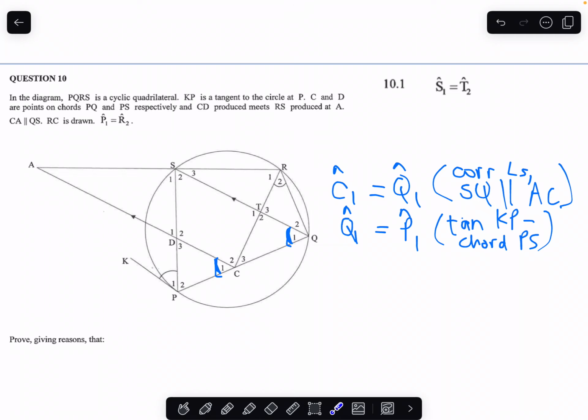So what this tells us is that Q1 is the same as R2, because P1 is equal to R2, right? So we now have those are equal. And then what it eventually helps us with is it shows that therefore C1 is equal to R2 as well.